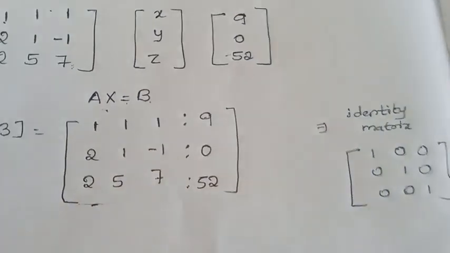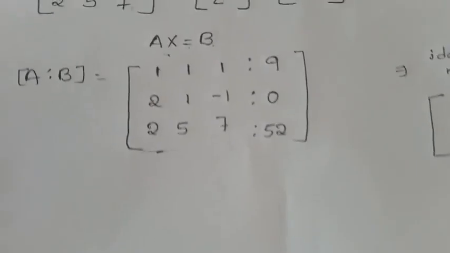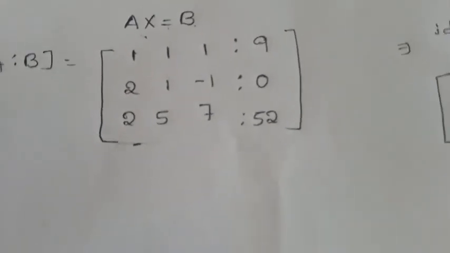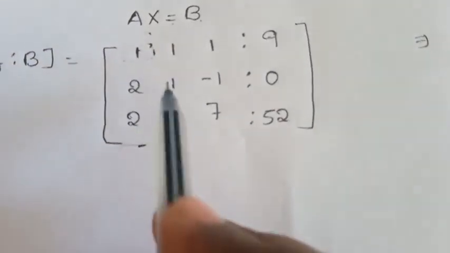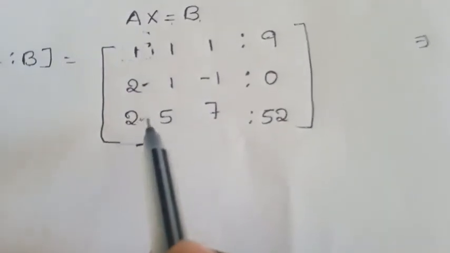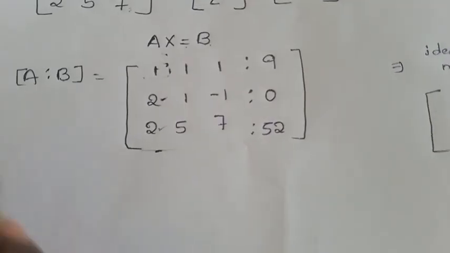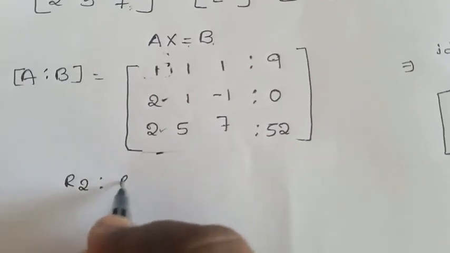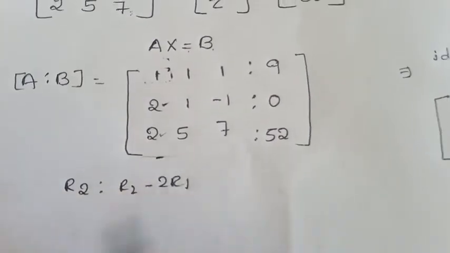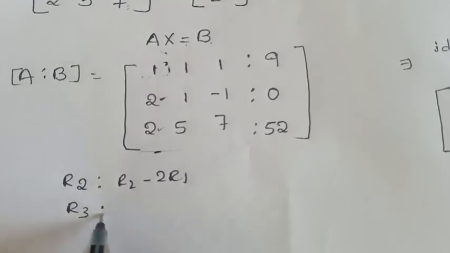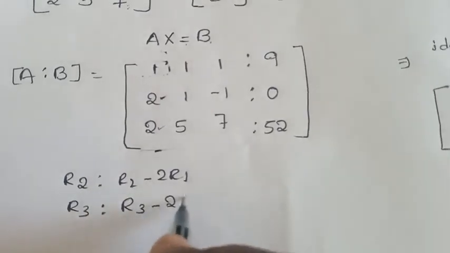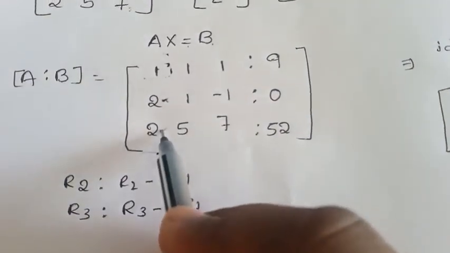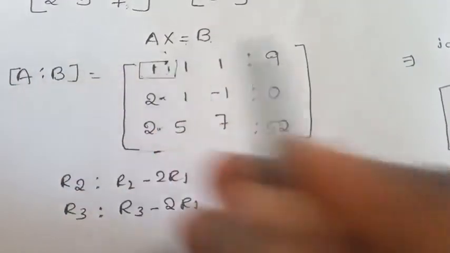This is the identity matrix. So this is our pivot element, and we have to make this and this 0. So we have to apply some row operations. R2 tends to R2 minus 2R1, then R3 tends to R3 minus 2R1. So we have to make this and this element 0. This is our pivot element, right?